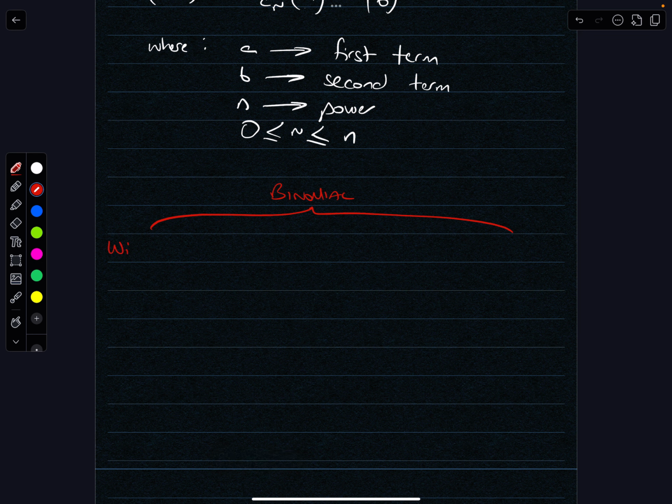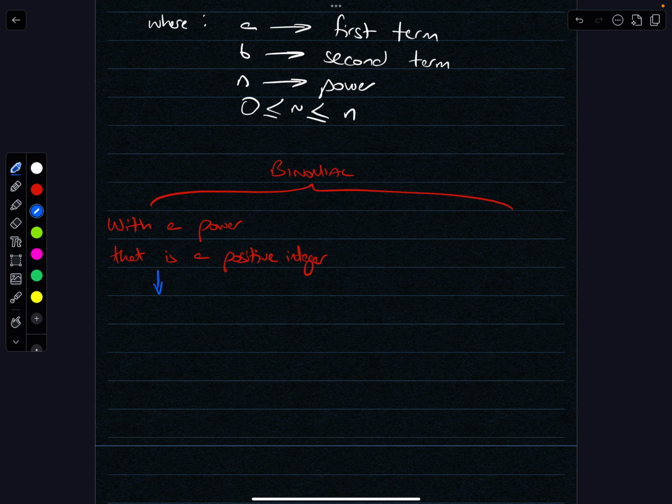The first category is with a power that is a positive integer whole number. So we covered this in AS level.